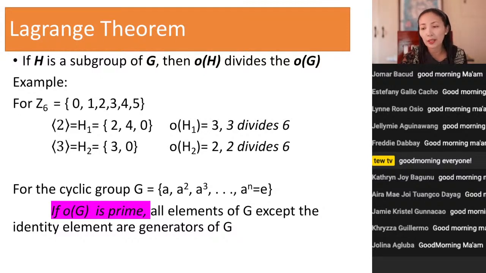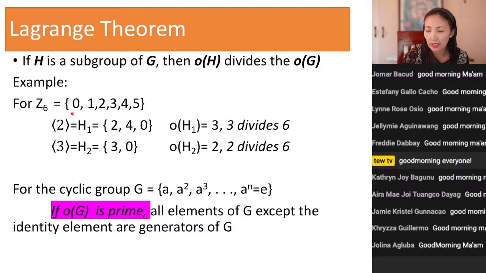So, for example, taking as an example Z sub 6, the additive group Z sub 6 or integers modulo 6, there are 6 elements, right?